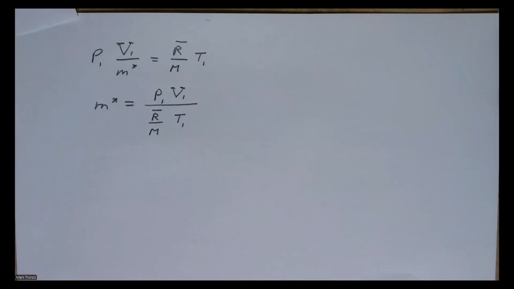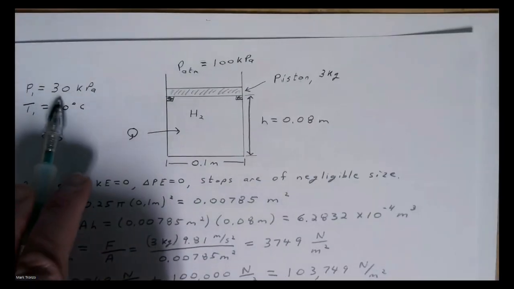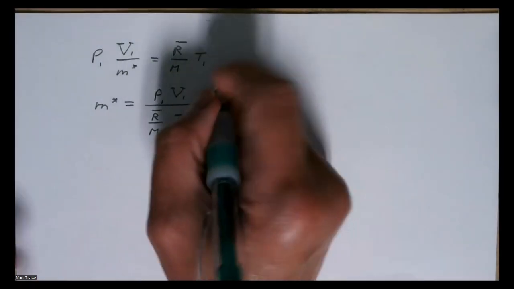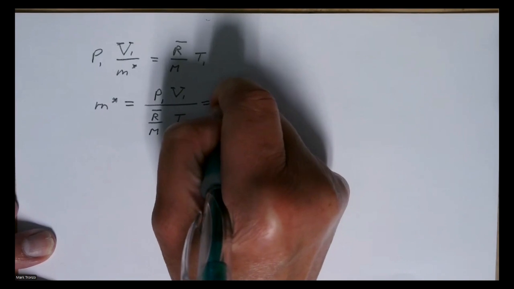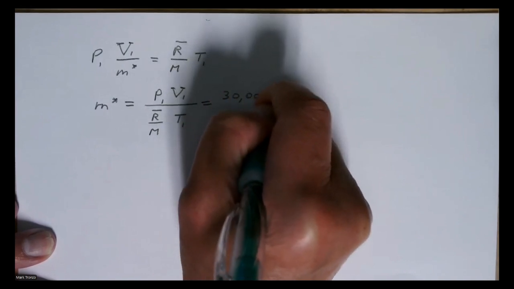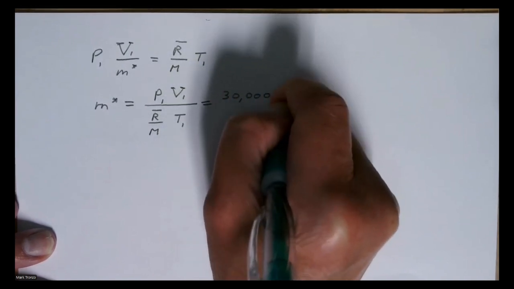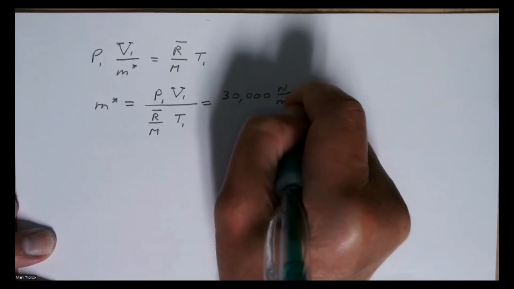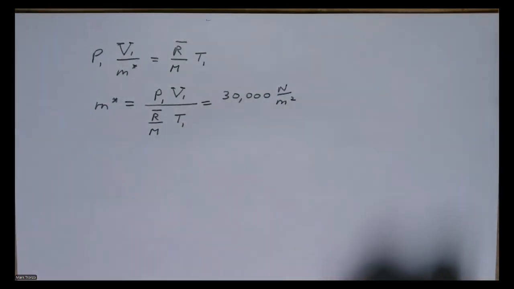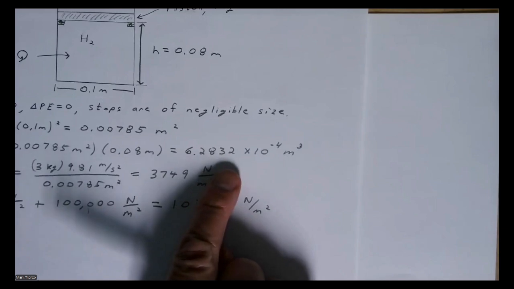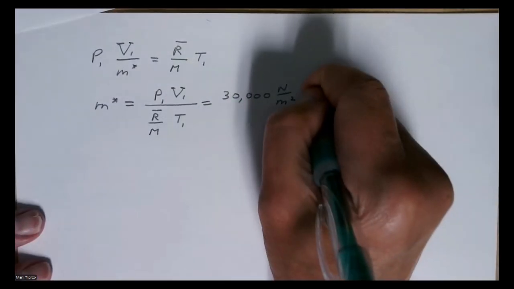And now we know the initial pressure. That was our 30 kPa, which I'm going to write as 30,000 newtons per meter squared. And then the volume we had was this number right here.